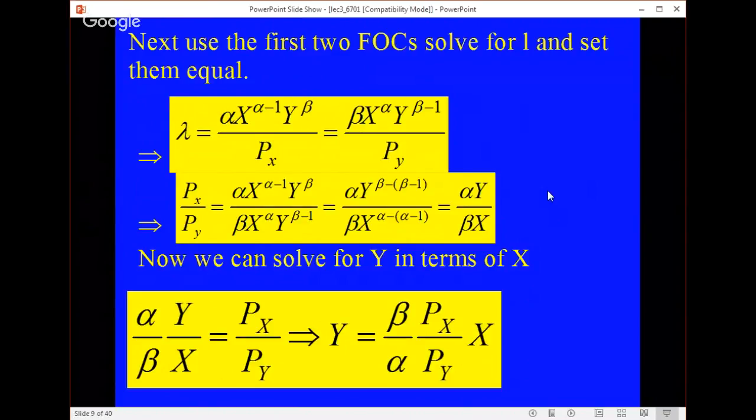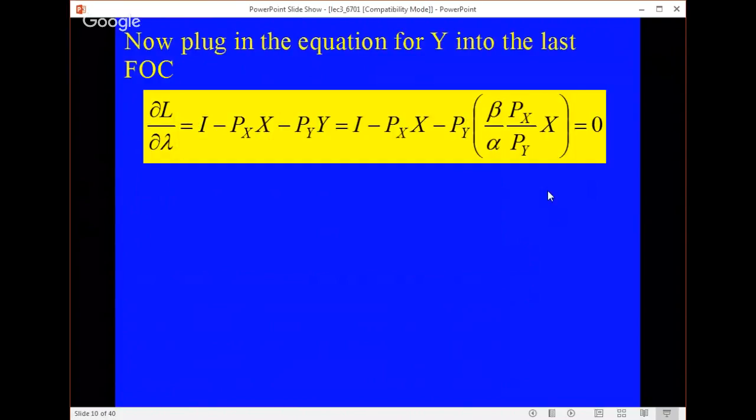So I plug that into my last first order condition, I minus px x minus py y. I plug in for y, so I get I minus px x minus py, beta over alpha, px over py, times x. Of course, the py's cancel. I set it equal to 0, and now I just solve for x.